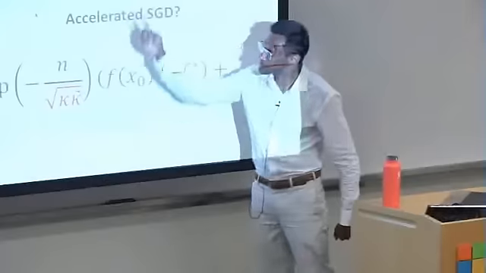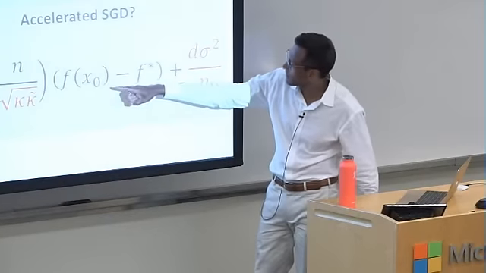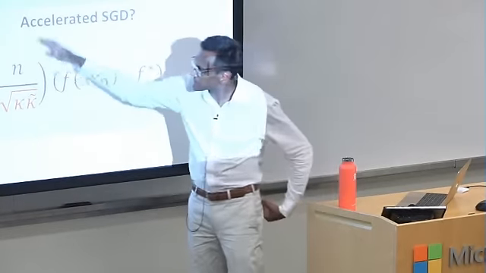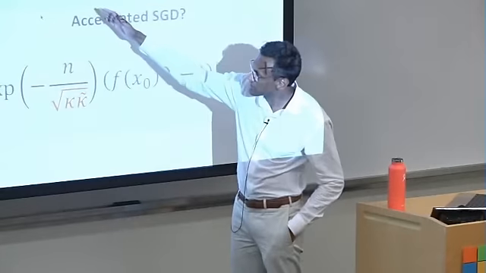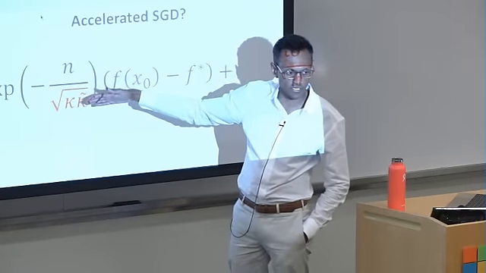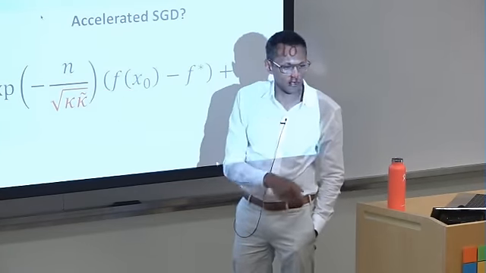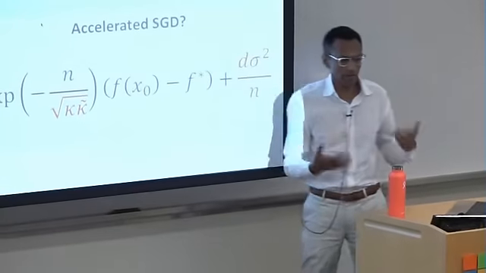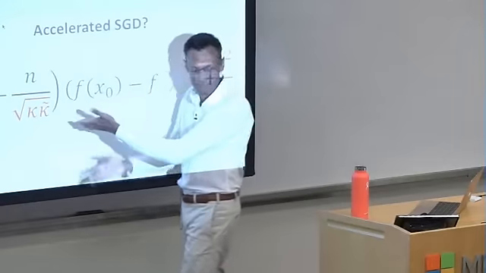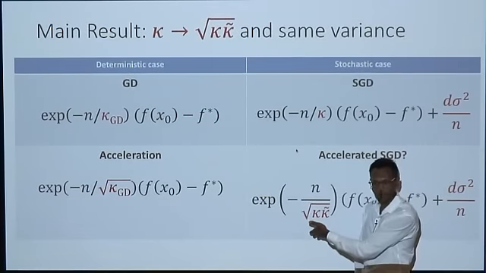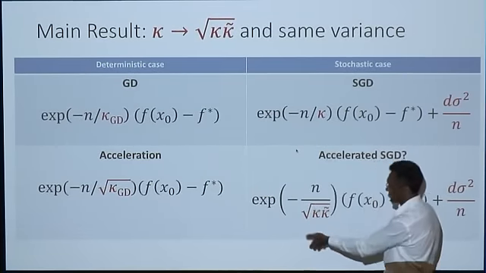Okay, so this is a strict improvement, and you can discuss it more offline, but my claim is this really is the right analog of acceleration. For those familiar with these results like root n kappa in the finite sum literature, this is kind of the right improvement here. Okay, and this is a strict improvement.